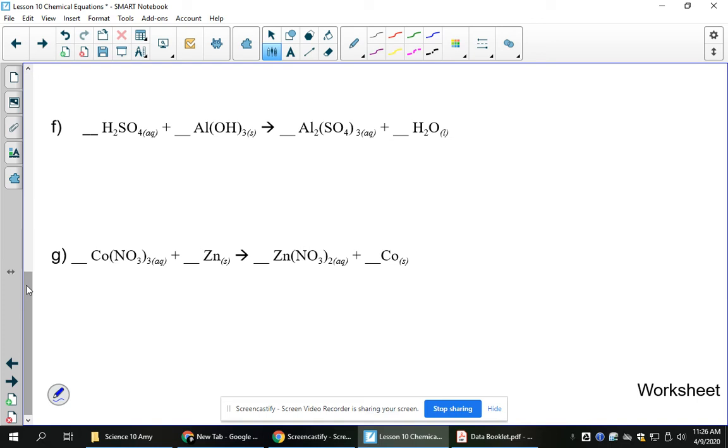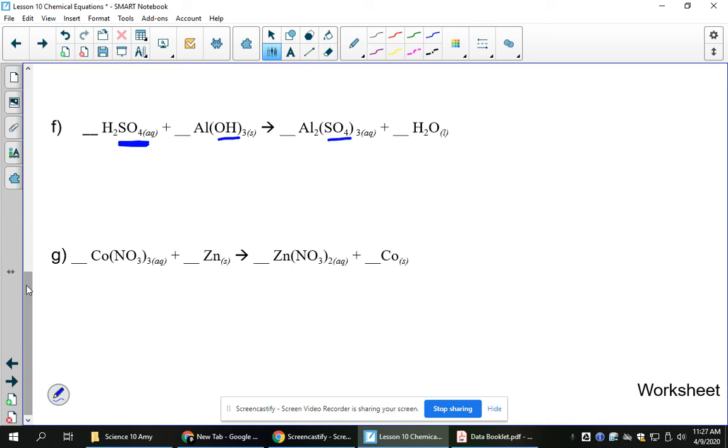Now, these ones are more complicated because they have things like SO4 and OH. These are our polyatomic ionic compounds on the periodic table. So this was lesson 6, I believe. What I want you to think of is not that something like SO4 is S's and O's. I want you to think of it as one thing.